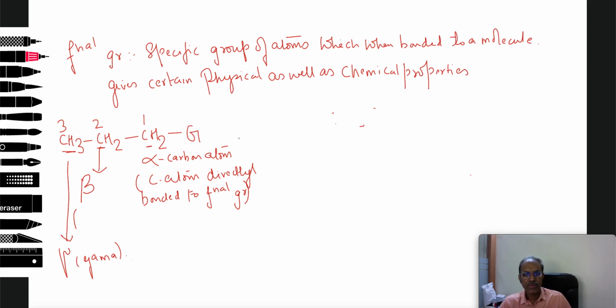Now, you can take this now. Suppose similarly CH3, CH2 and G. Similarly, as we have told that this is alpha, this is beta. Similarly, a functional group which is attached to just one carbon atom. The G functional group is attached directly to one carbon atom. So it will be known as primary functional group.